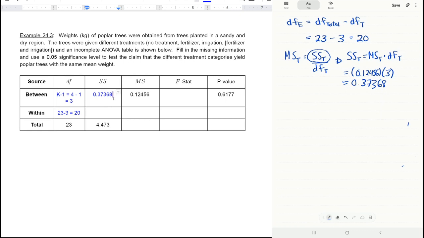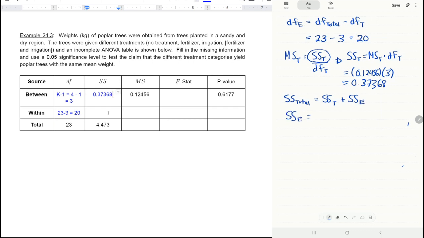Okay, so now that we have the treatment sum of squares and the total sum of squares, we can use some algebra to calculate the error sum of squares. Recall that the total sum of squares satisfies this identity: we have the treatment sum of squares plus the error sum of squares.